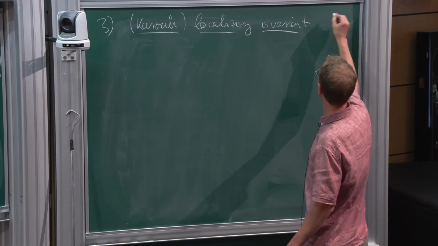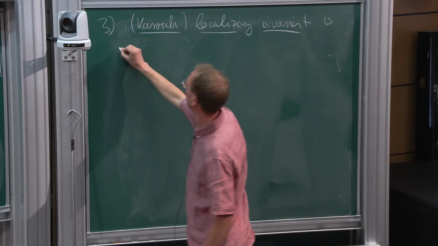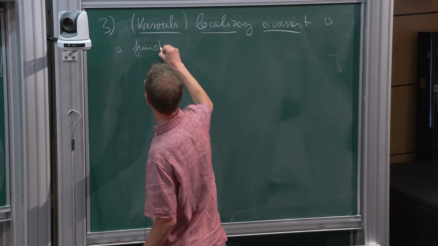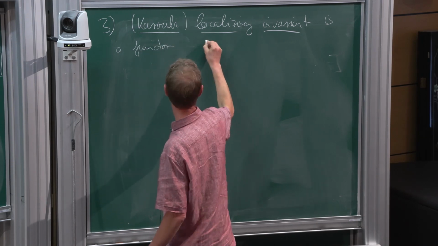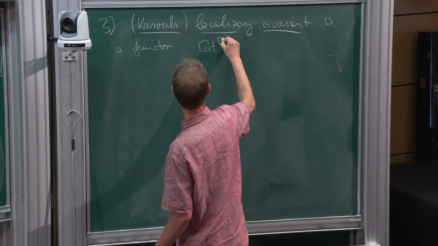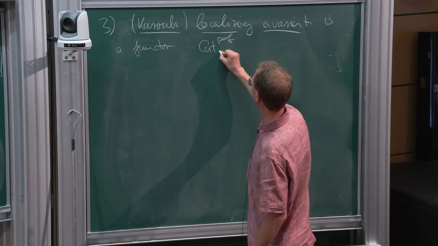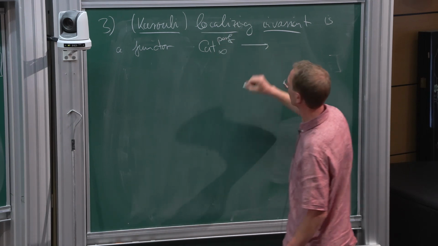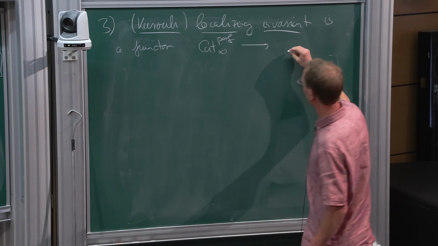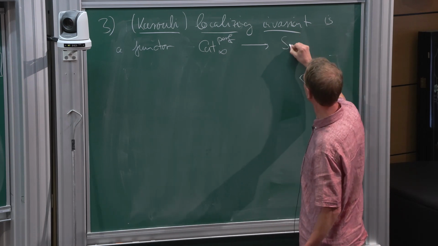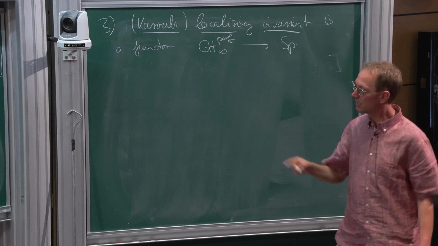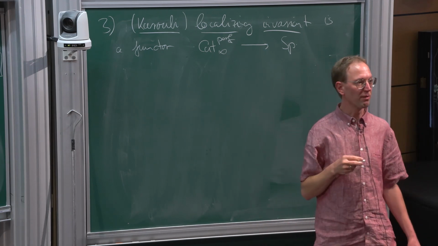And so this is a functor from this category of Karoubi complete small stable infinity categories to some stable infinity category, or usually to spectra, which sends these Karoubi sequences to fiber sequences.